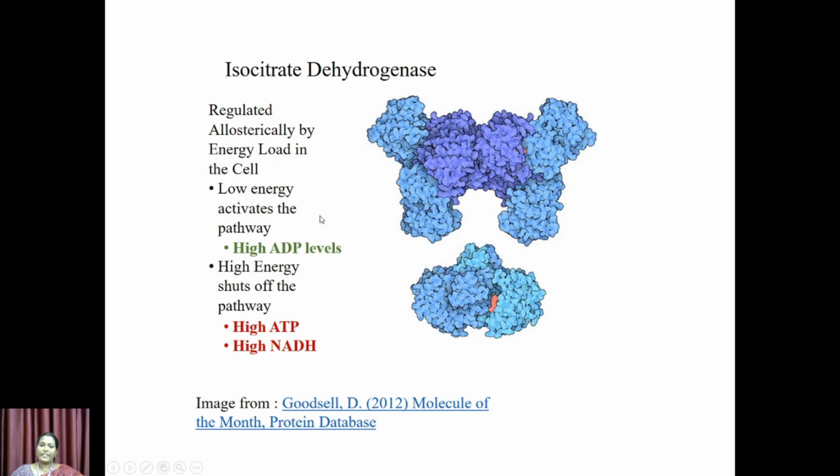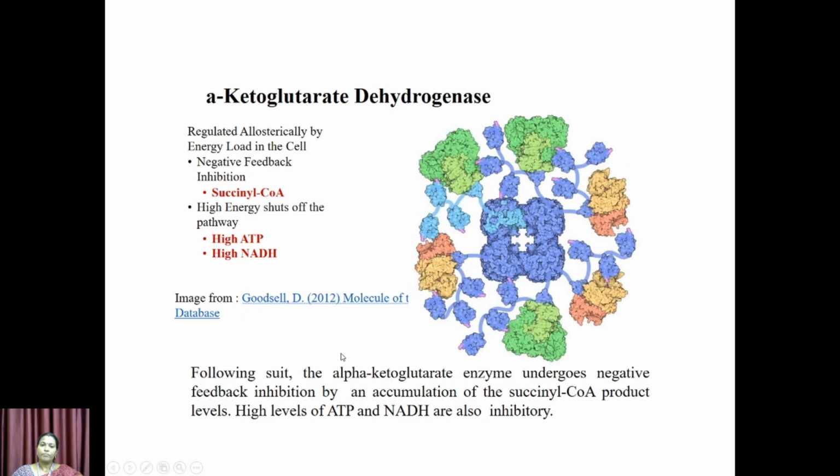Low energy activates this pathway, high ADP levels; high energy, high ATP, high NADH inhibit it. This is alpha ketoglutarate dehydrogenase. High ATP, high NADH. The alpha ketoglutarate enzyme undergoes negative feedback inhibition by accumulation of its product, succinyl-CoA. High levels of ATP and NADH are also inhibitory.